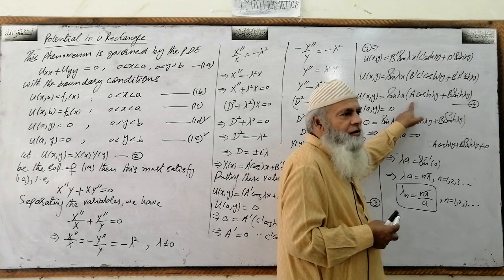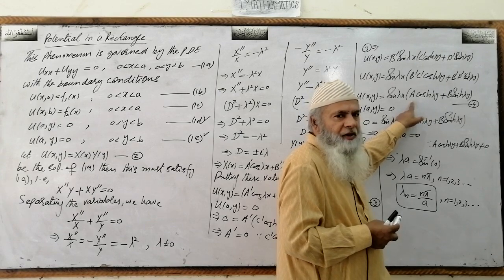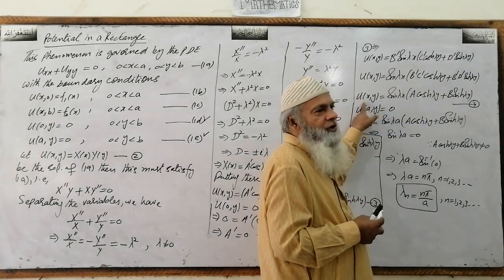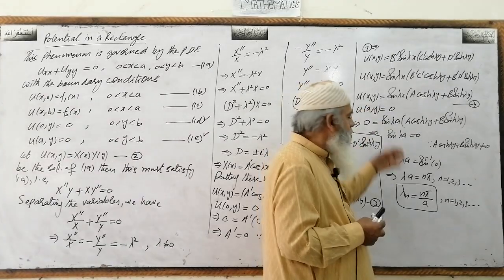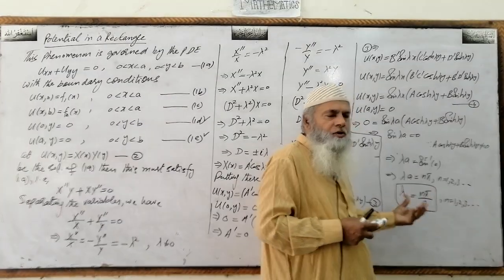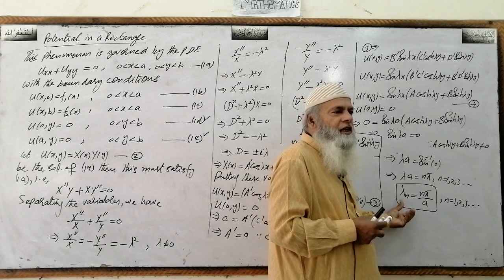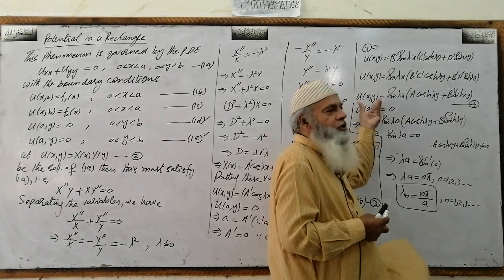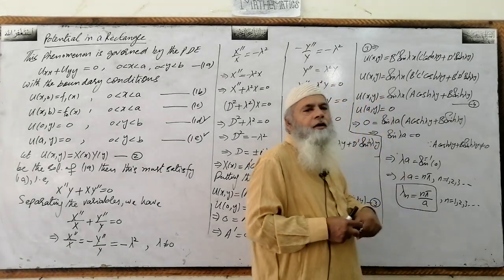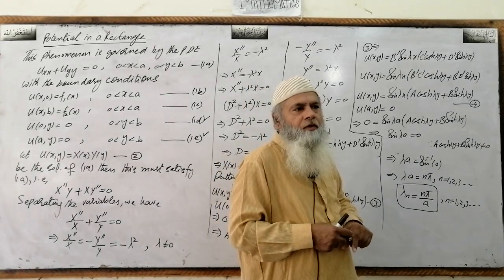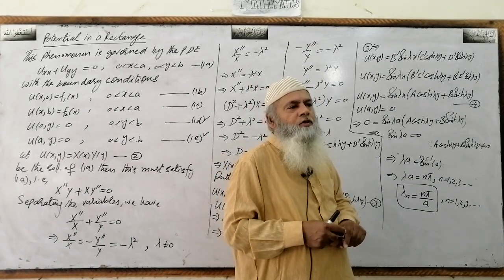When you put lambda 1, these constants will be a1, b1, and this solution will be u1. Now corresponding to each eigenvalue you will have a solution, and by the principle of superposition their linear combination will also be the solution.